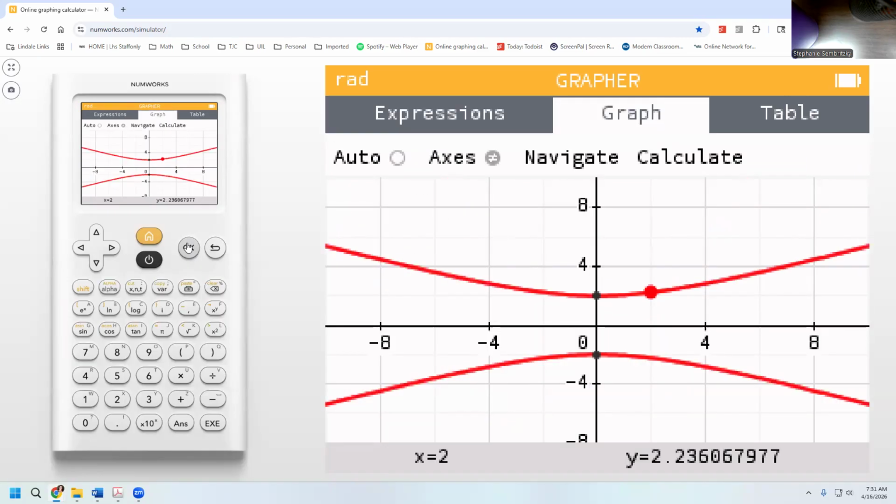And it opens up and down. So that's the big idea about a hyperbola. So what I want to do is I'm going to stop the sharing and go back to the camera.